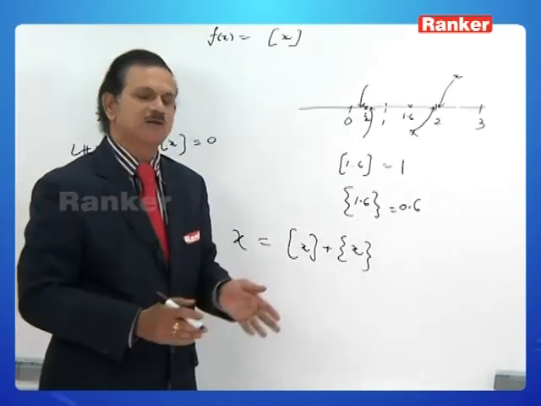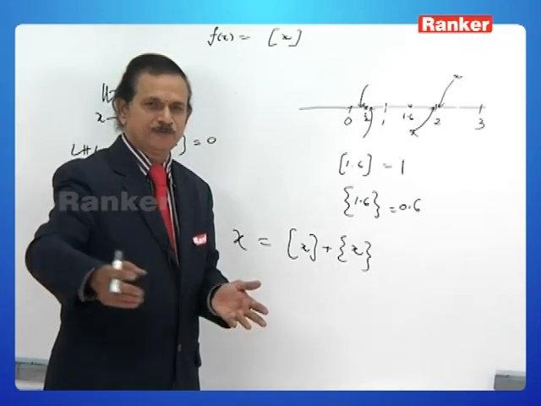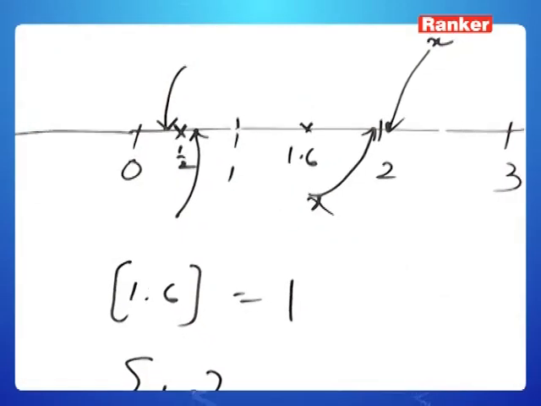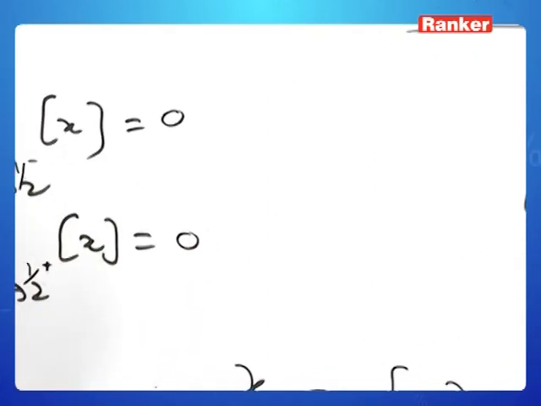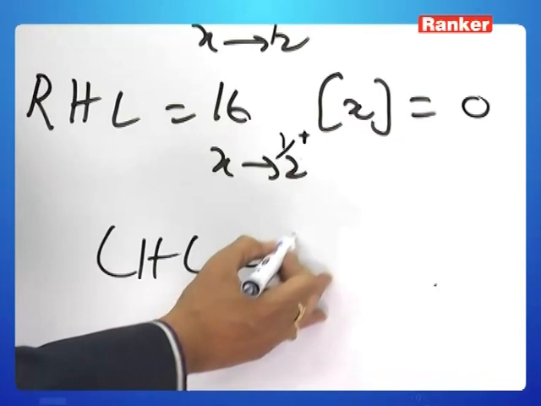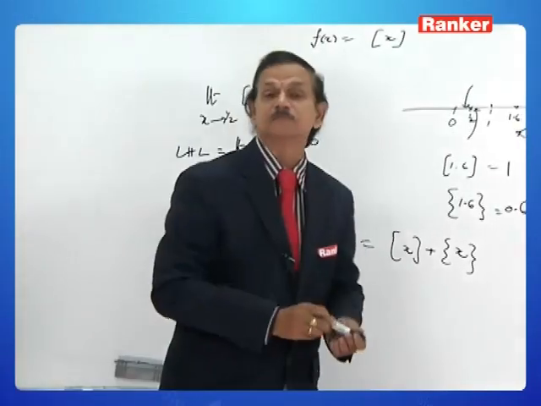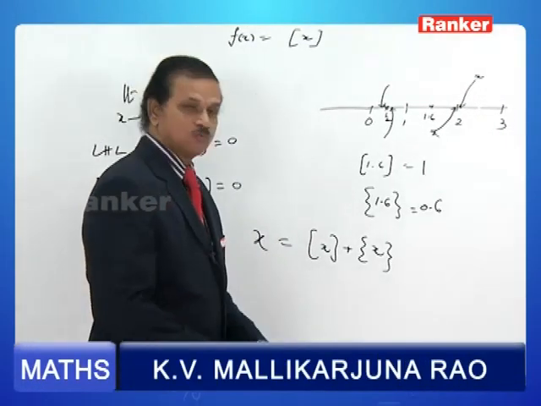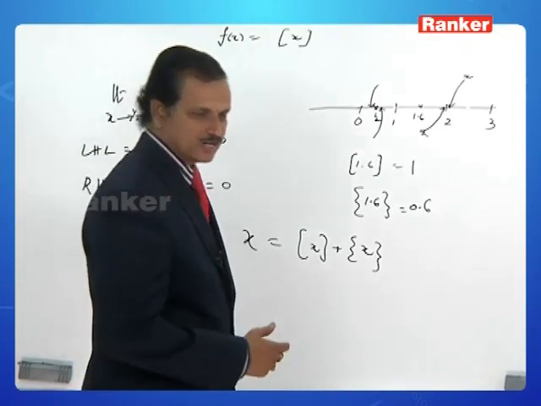More than that means 0.5001, 0.500000001, like that. Even for that point also, the integral part is 0. What does it say here? Both the left hand limit and right hand limit are equal, and they are equal to 0. By observing these two cases, we will be able to generalize a particular result regarding this.